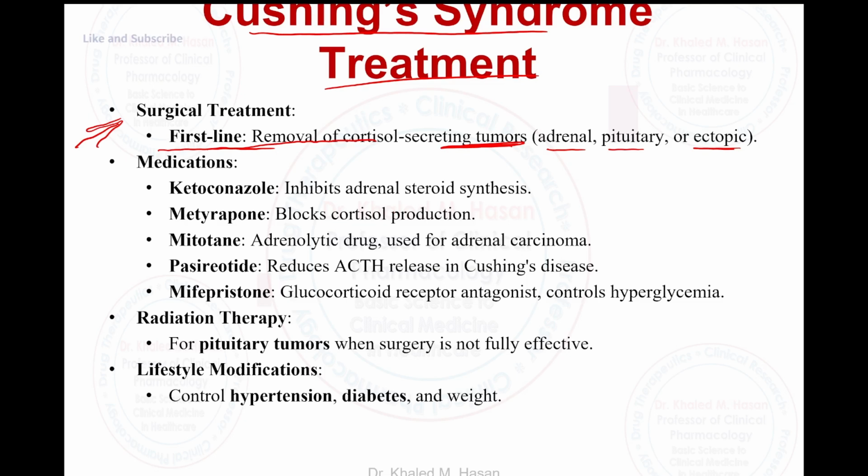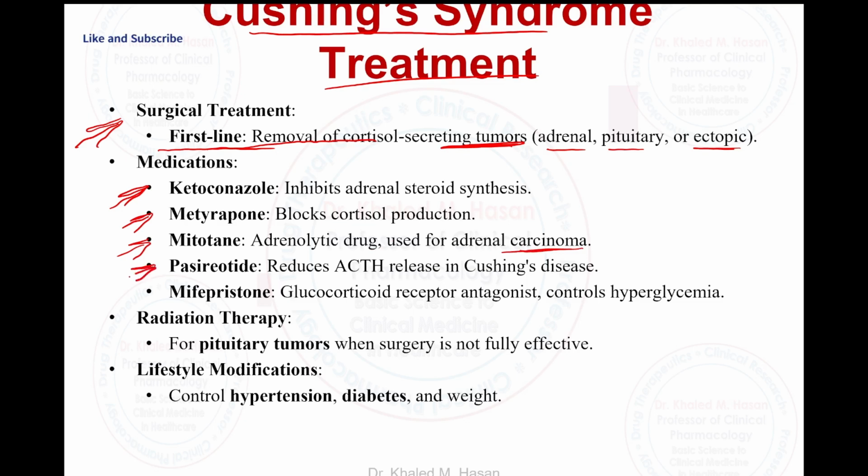We can use some palliative therapy such as ketoconazole. Ketoconazole works by inhibiting steroid synthesis, and belongs to the antifungal medications. We can use metyrapone, which blocks production of cortisone. Mitotane is considered an adrenolytic drug, used for adrenal carcinoma.